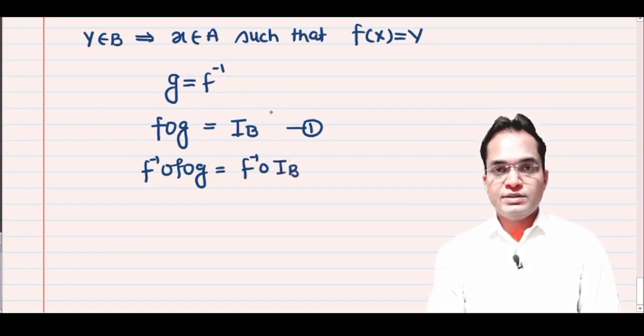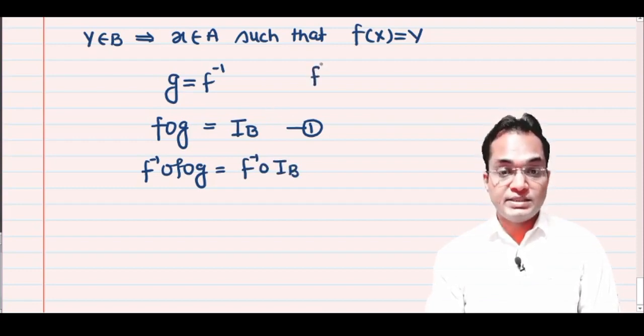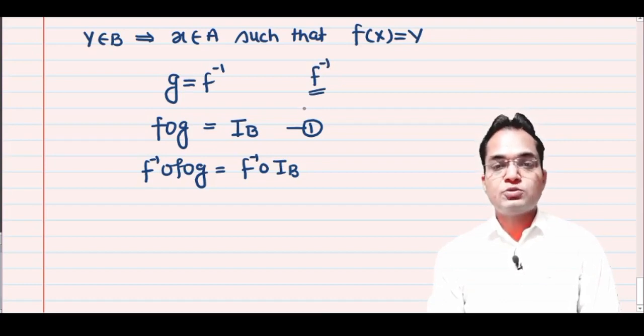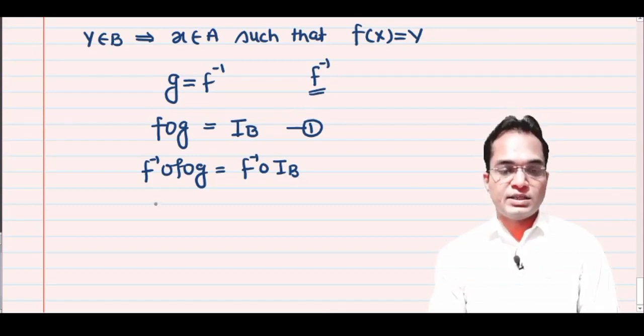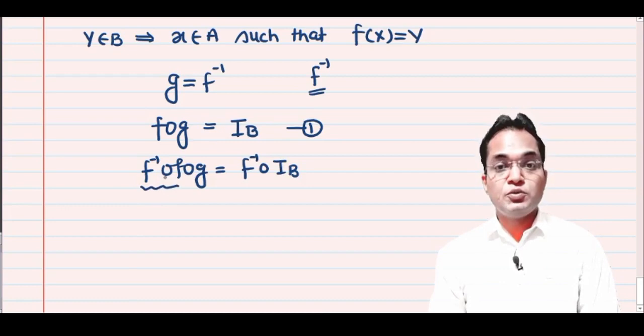Actually f is a given bijective function, that's why its inverse exists. Actually हमें ये तो पता ही नहीं है कि इनवर्स उसका है नहीं, लेकिन ये स्टेटमेंट गिवन है f is the bijective function, that's why it is invertible. तो उसके इनवर्स को हम लोग यहाँ पर ले सकते हैं. अब यहाँ पर हमें जो प्रॉपर्टी यूज करनी पड़ेगी वो प्रॉपर्टी नंबर 3 में हमने पढ़ा था, f inverse of f equals I_A.